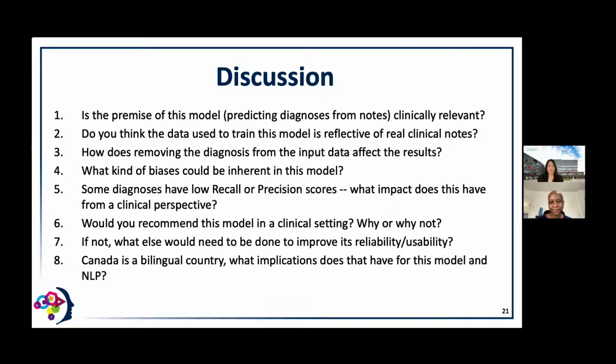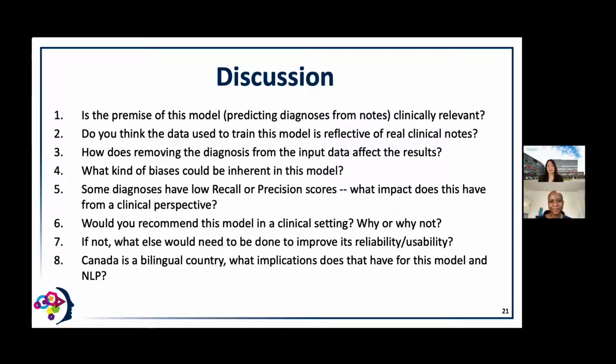Yeah, it's interesting because when I first ran this model, I actually didn't remove the diagnosis, and it was able to predict a little bit better, obviously, because it kind of had a hint of what it's supposed to be. But surprisingly, after I removed the diagnosis, it actually did not affect the performance that much.